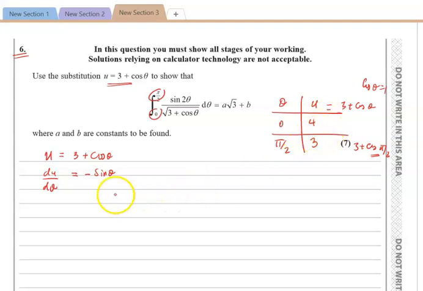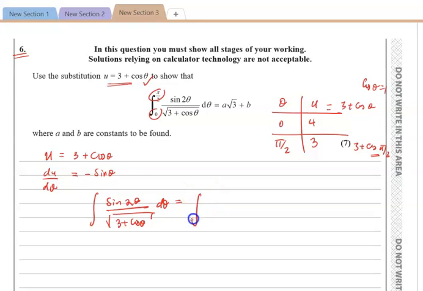All right, now let us go back into the integration and do the substitution. I will not focus on the limits for now, just on the integral. So we have sine of 2 theta over the square root of 3 plus cos of theta, d theta. Substituting, only that.